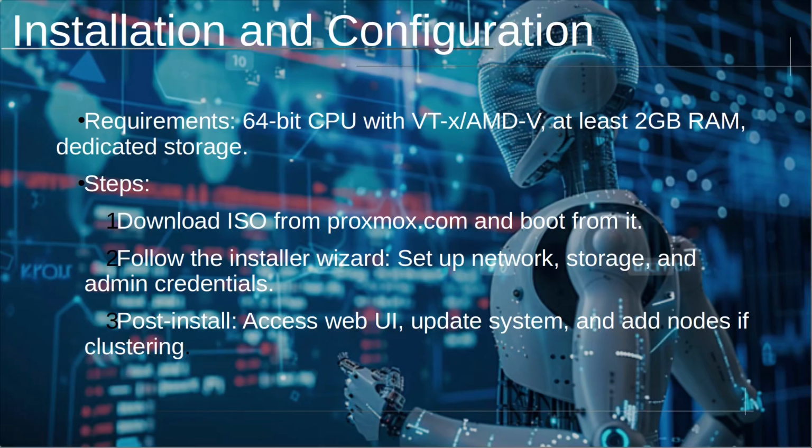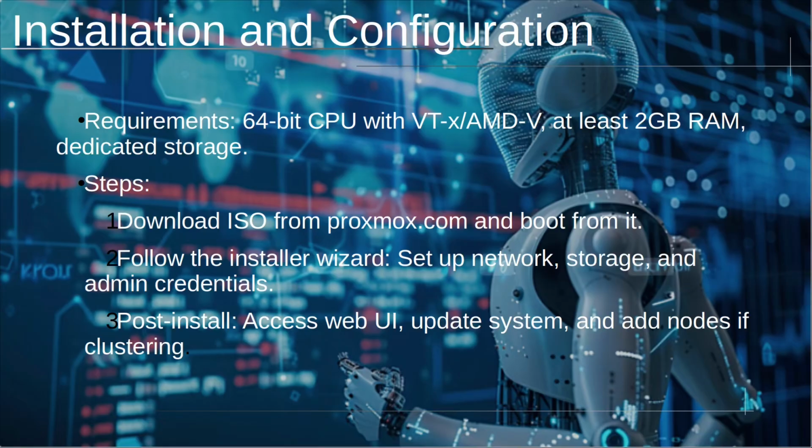Installation and configuration of Proxmox. The requirements for Proxmox VE Server is that you need a 64-bit CPU and must have VT-x and AMD-V capability in BIOS, at least 2 gigs of RAM, and a dedicated storage. The steps for installing and configuring Proxmox are very simple, and we'll go over that in the demo.